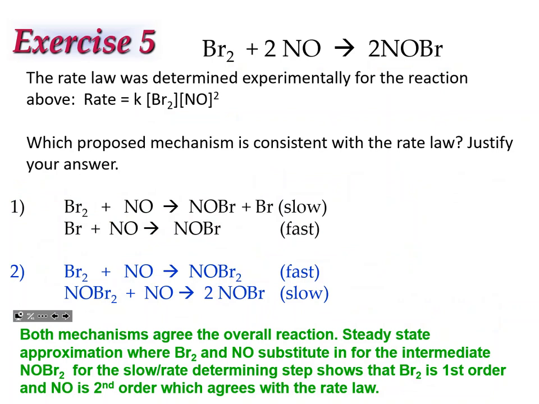Steady state approximation where Br2 and NO substitute for the intermediate. The slow rate determining step shows that Br2 is first order and NO is second order, which agrees with our rate law. So that's a good way to justify that the second mechanism would be consistent with this particular reaction.